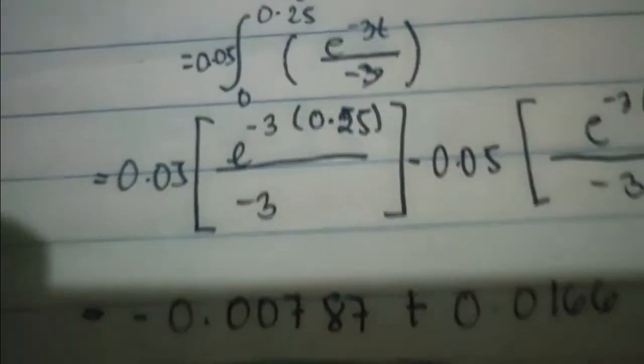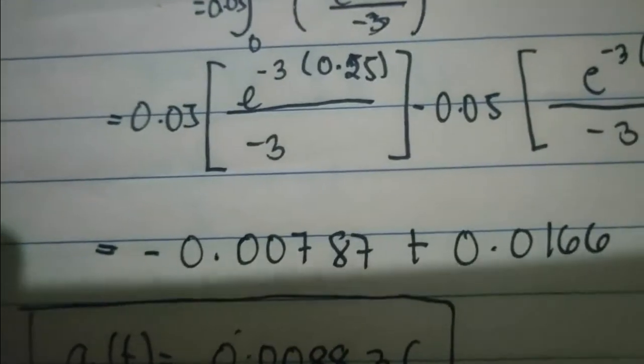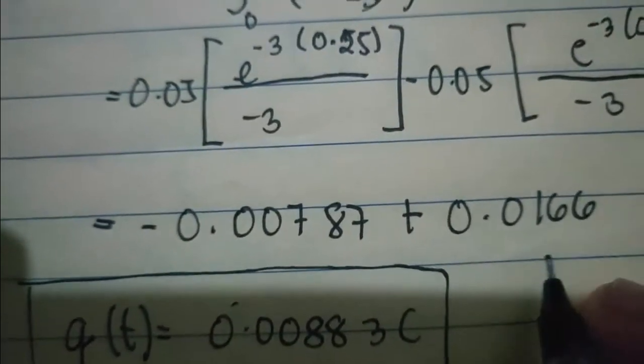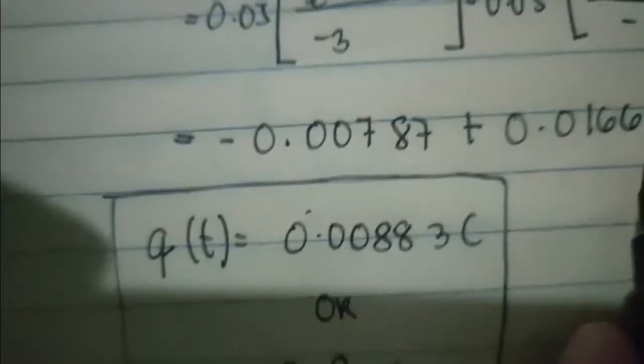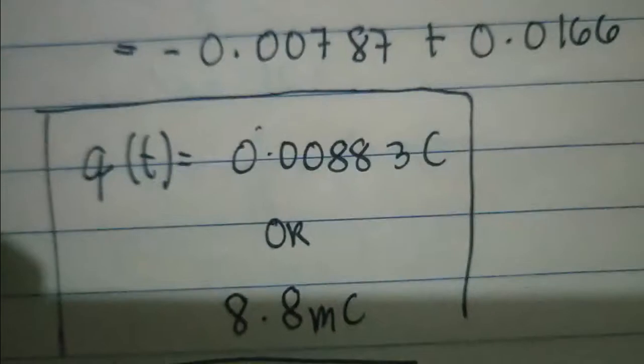So by using the calculator, we will arrive to this answer. So negative 0.00787 plus 0.0166. So by using the calculator, our charge is 8.8.